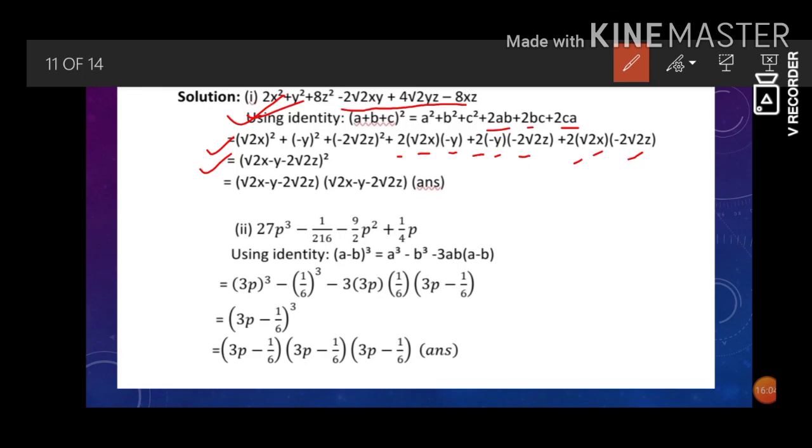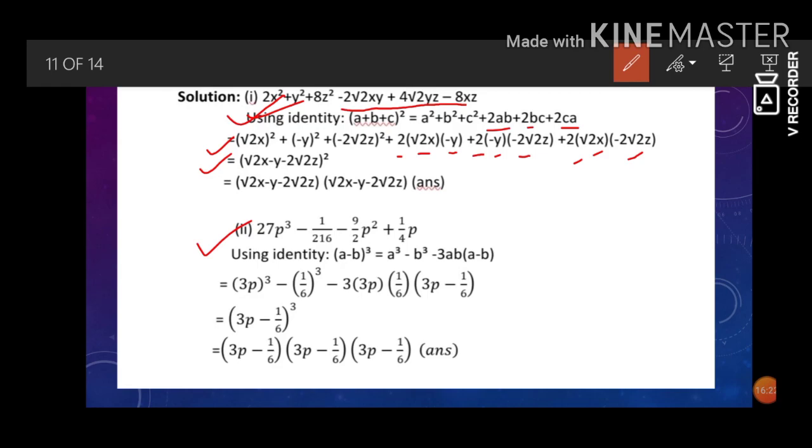For the second factorization, we are going to use the identity (a minus b) whole cube is equal to a cube minus b cube minus 3ab(a minus b). So the first term is 27p cube.